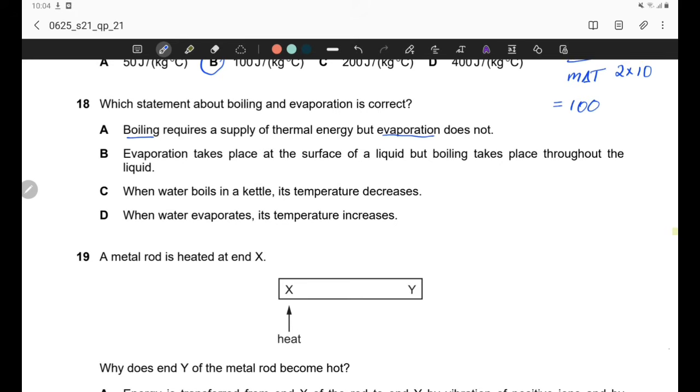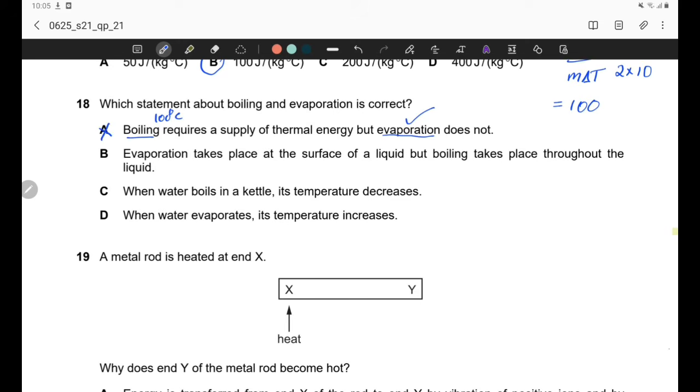But for boiling, the thermal energy required is very high, that is 100 degrees Celsius or even more. For evaporation, it is not as high as boiling, but still evaporation also requires some thermal energy. So option A is wrong.